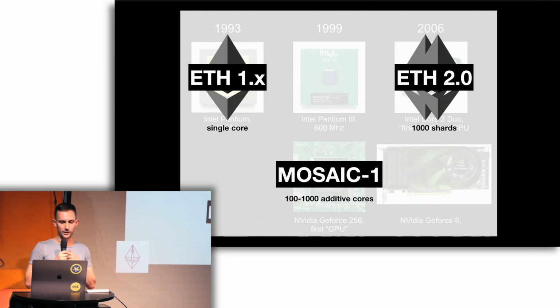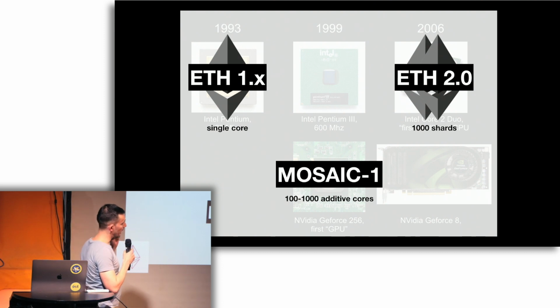Actually, I want to make an additional point because we have a bit of time, although I don't want to make it too long because otherwise we're here till 11. I think this analogy also really nicely illustrates how the design philosophy is different. dApps for Ethereum 2.0 don't have to care about which shard they're executing on, which is somewhat similar to a multi-core processor.